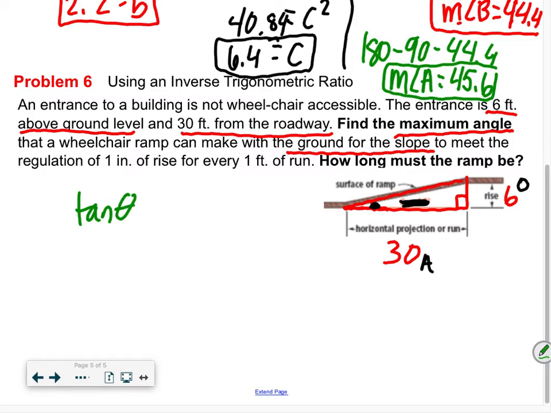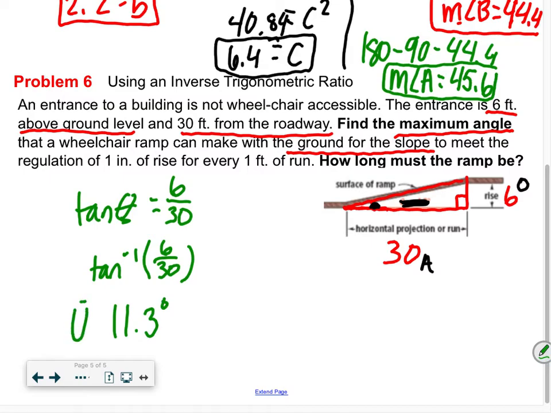The tan of my angle is 6 opposite over 30 adjacent. Again, looking for the angle, so using the inverse of my fraction, I get an angle of 11.3 degrees. And it shouldn't be very steep. I don't think I've ever seen a super steep ramp.